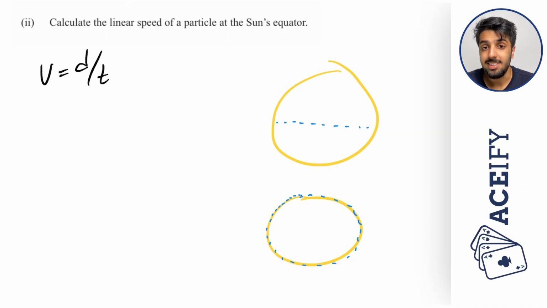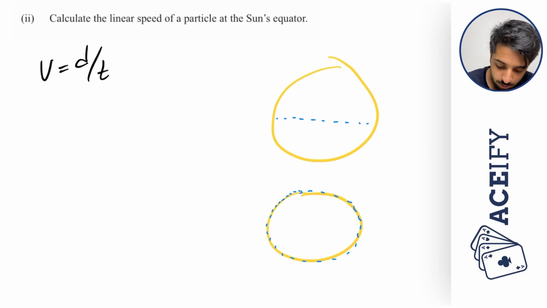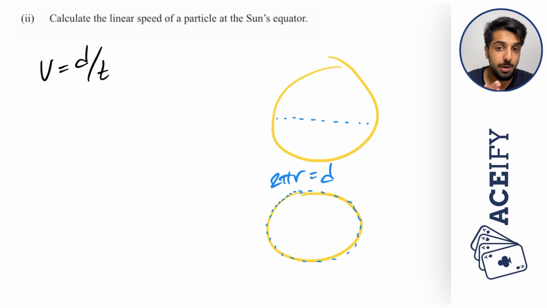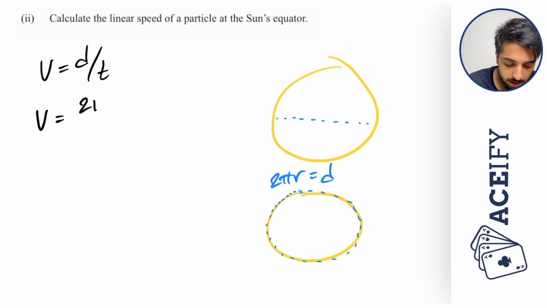Now that means that the distance that the particle is traveling is the circumference of the Sun, and we know that the circumference of a circle is equal to 2 pi r, and therefore our distance covered is equal to 2 pi r. As for our time, we know that the time taken to complete one full rotation is just one period, and so our time is equal to our period. And so we can make that substitution where our linear velocity is equal to 2 pi r all over our period.